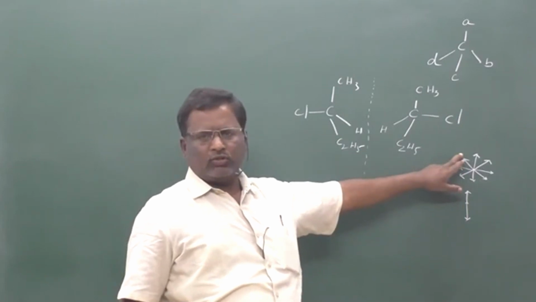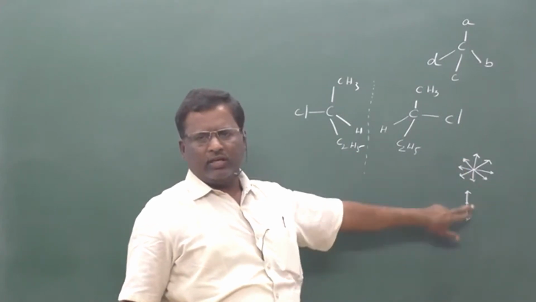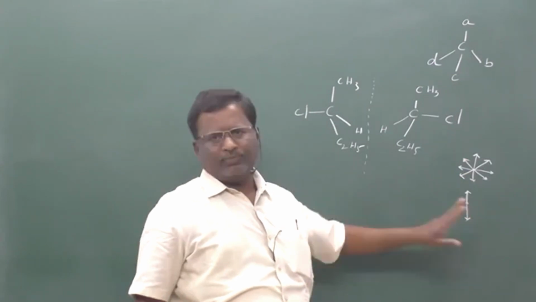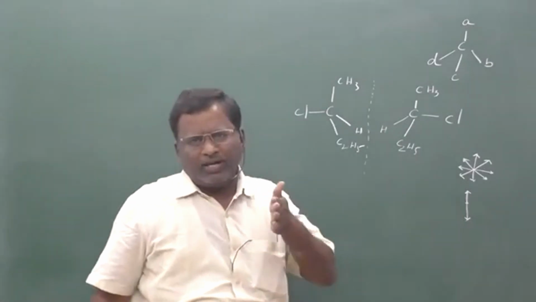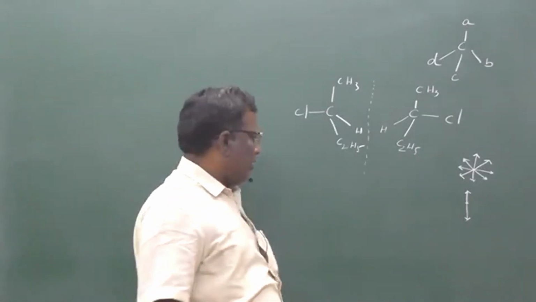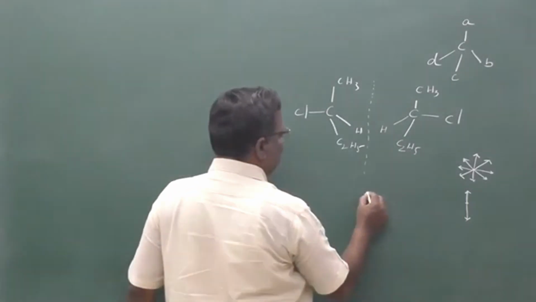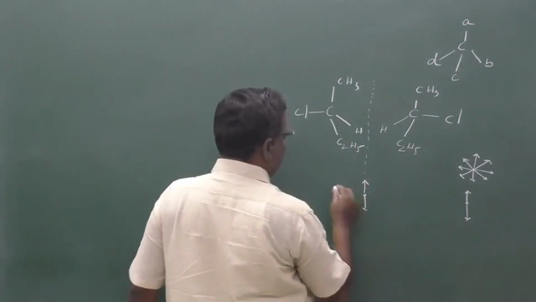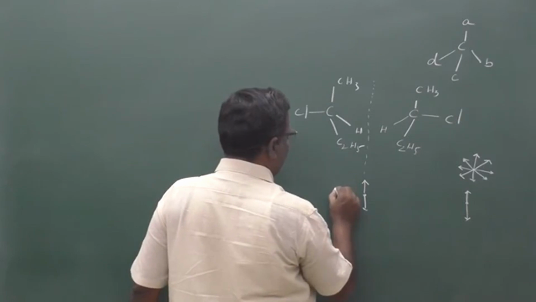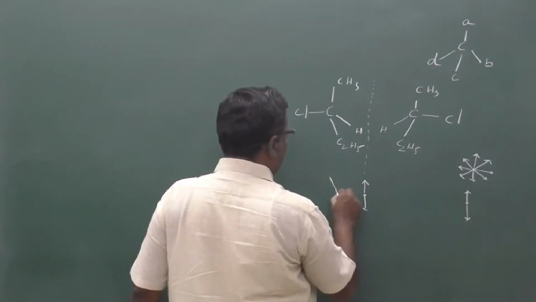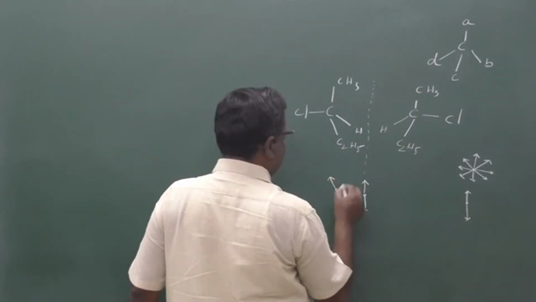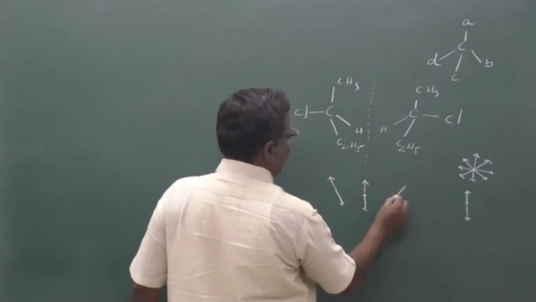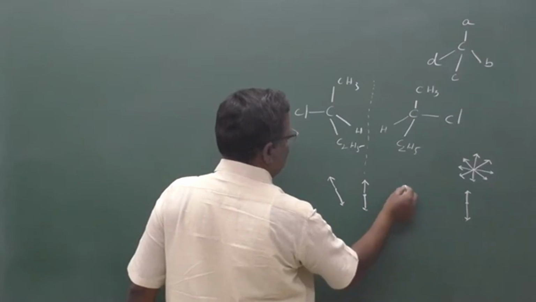From any light source you will get normal radiation, and this is a special radiation emitted by monochromatic lamps. So if we pass this plane of polarized light, some compounds will rotate it like this, and some compounds will rotate it like this.